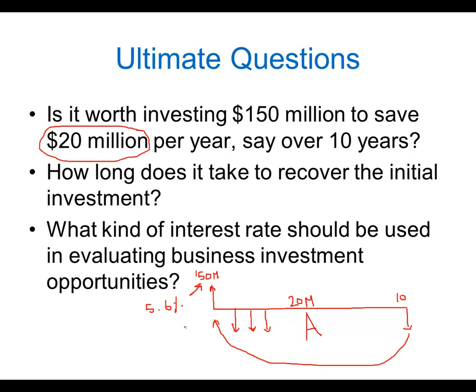Now if the interest rate was less than that, they can break even faster and get profit on top of the 150 million. If it was higher than 5.6%, they need more than 10 years to break even with the $150 million that they invested at the beginning.